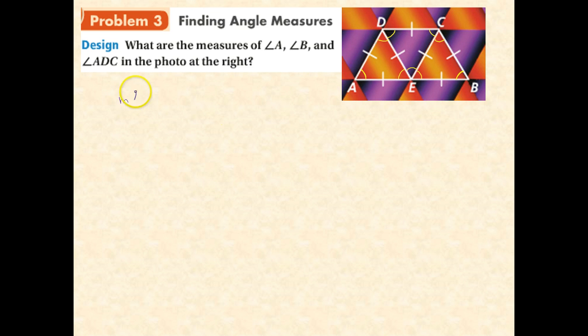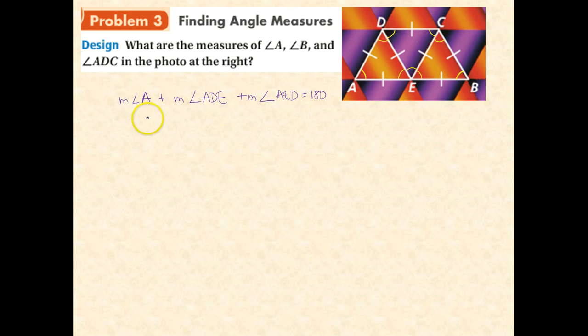So I know that the measure of angle A plus the measure of angle ADE, that's this guy right here, plus the measure of angle AED has to equal 180.